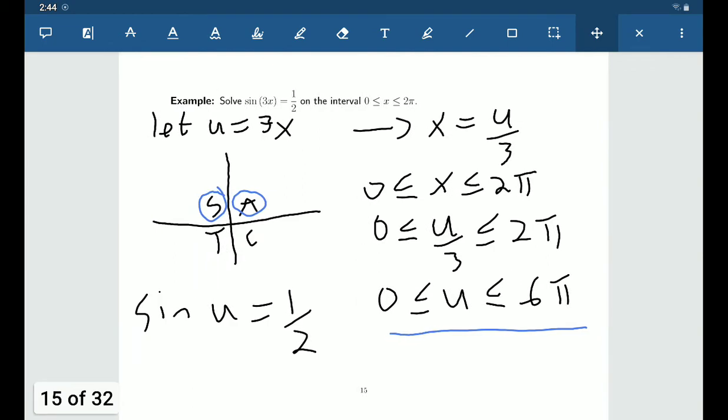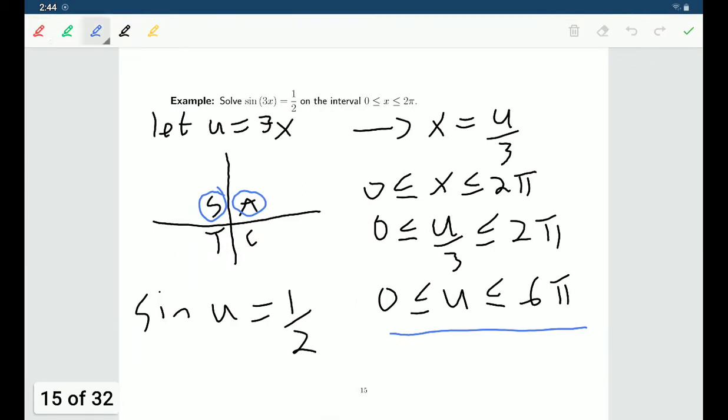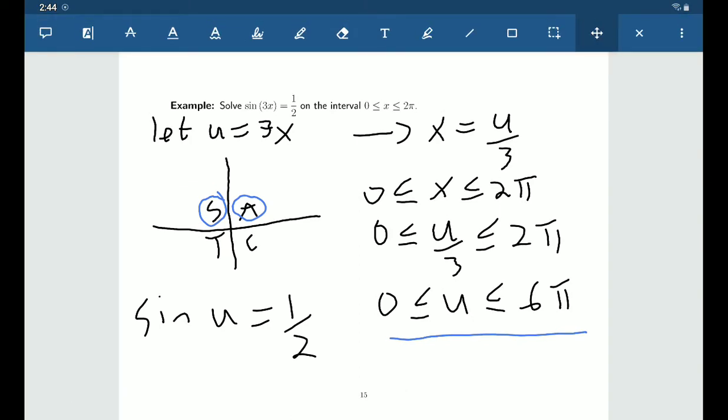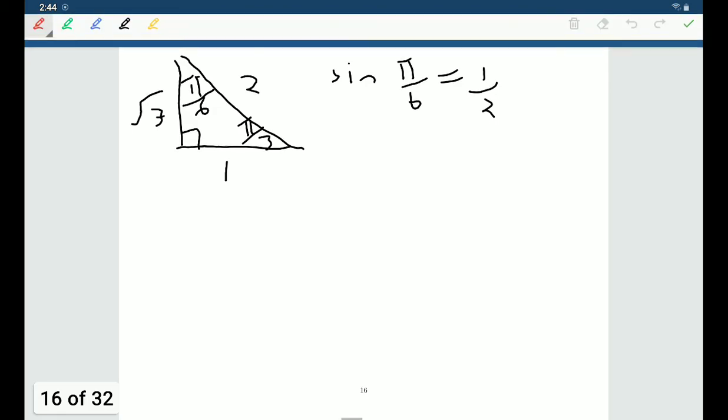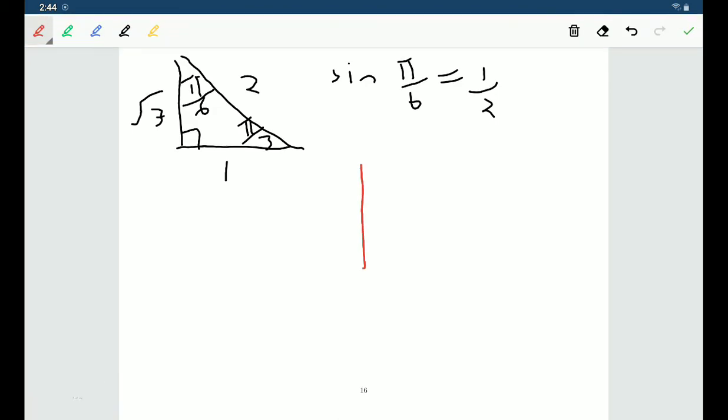Remember that we'll be looking for angles that are in quadrant 1 or quadrant 2, and we've found an angle in quadrant 1, which is pi over 6. So another one, the one that would be in quadrant 2, would also have the same reference angle of pi over 6. So that would be the angle 5 pi over 6.